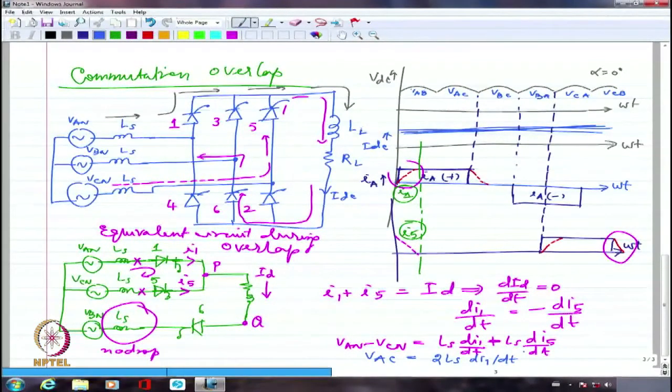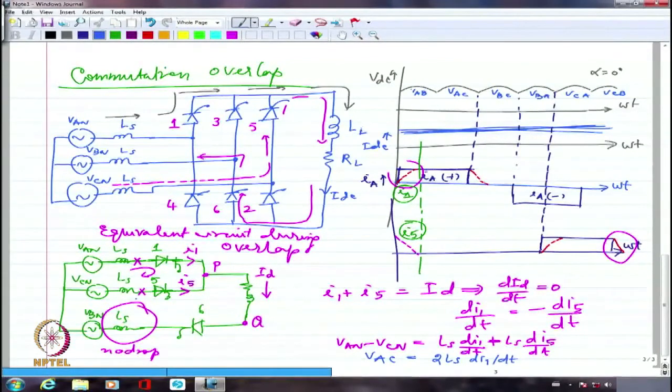Have I written something wrong here? Is it plus or minus? Look at that. I have written VAN minus LS into di1 by dt on this side. Agreed. This will be VCN plus LS into di by dt.